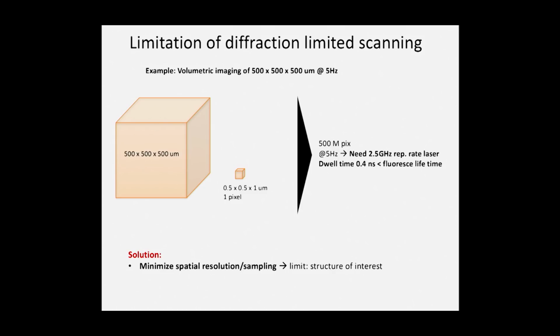So if we are interested, for instance, in recording from individual cell bodies or from individual neurons, this resolution in some way may be too good, and we are paying the price for that by having a reduced volumetric acquisition rate. So the question becomes, in some way, how can we relax the spatial resolution in a meaningful manner?